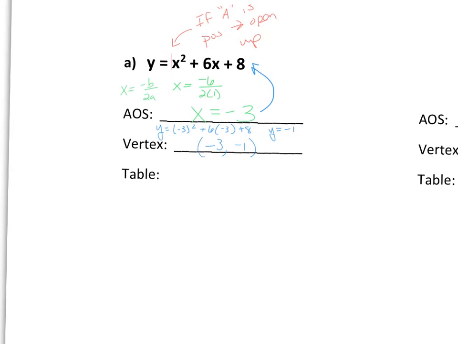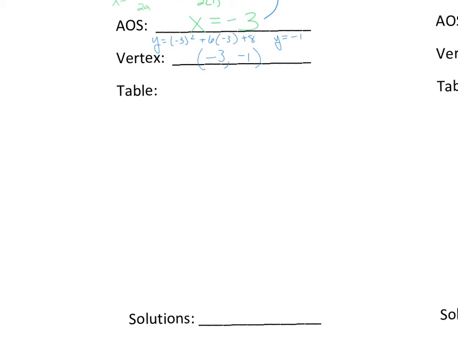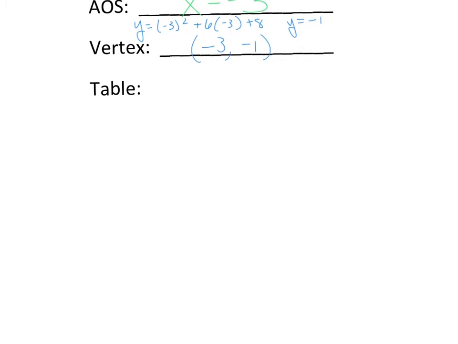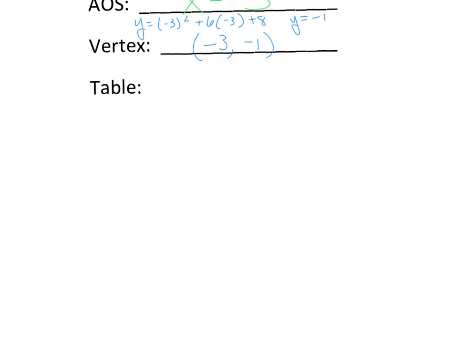Now, to make your table, you're going to make an XY table just like we've done for graphing lines and graphing exponentials. So none of that's changed as far as making a table. But your vertex is going to go in the middle, because then we're going to build it out on either side because it's symmetrical.